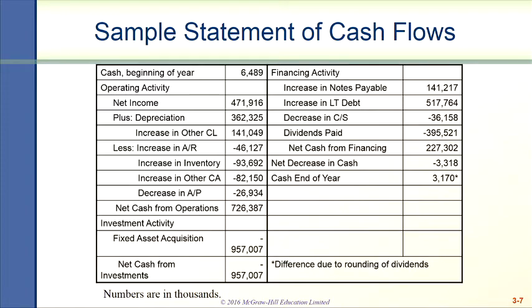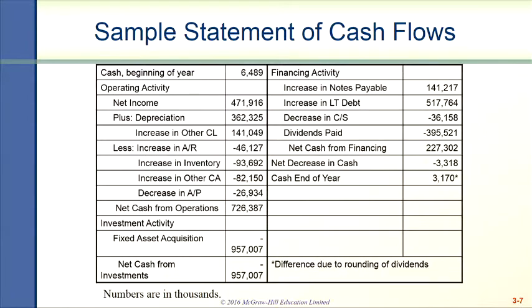We add everything together, and the overall residual value is the net cash from operating activity. In this case, we add everything together: 471 from net income, plus the depreciation 362,325, and then the increase in current liability of 141.49.